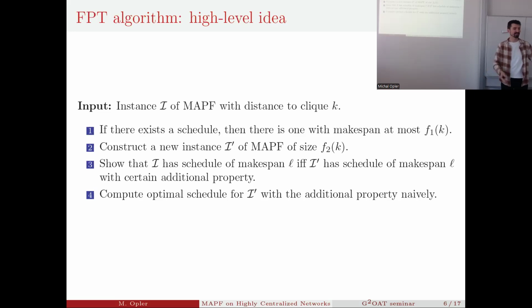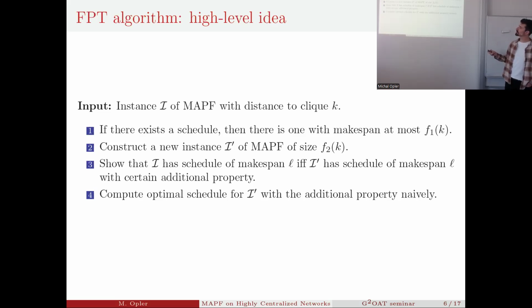Meaning if there is a schedule, there is a short one that is independent of the size of the graph and depends only on the size of the modulator to clique. And then we use this to construct a new instance of multi-agent path finding, which is of a size bounded in the distance to clique. It's not necessarily equivalent to the original instance, but it is equivalent with respect to solutions with certain additional properties.